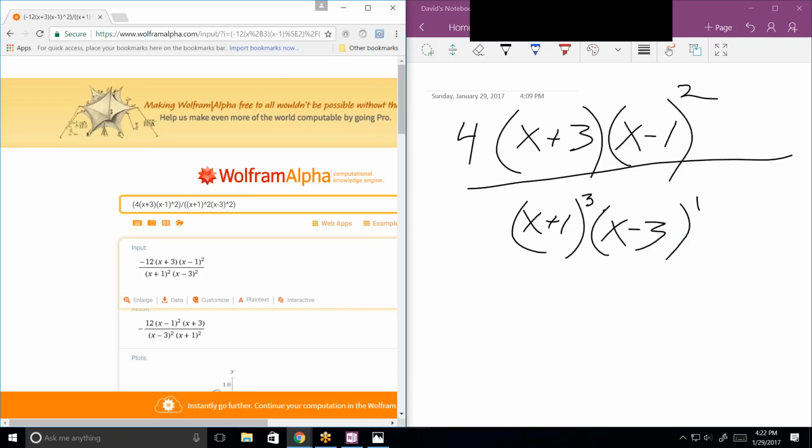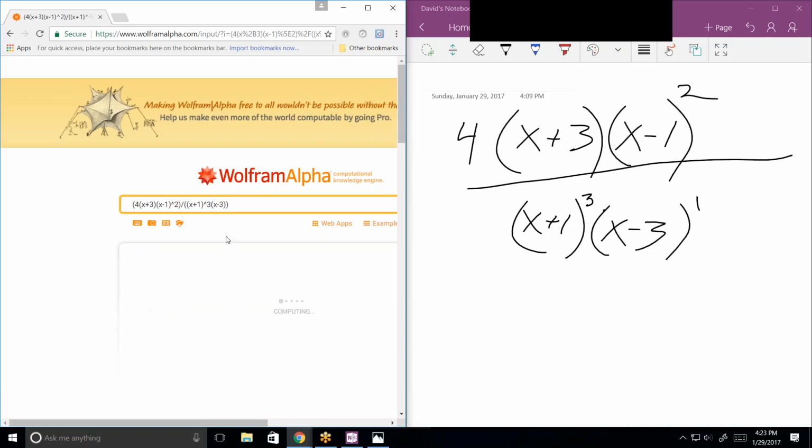And I want to change the denominator to the x plus 1 being cubed. And then this one to the 1 power, or I don't even need that, I guess. Okay, let's see what we got now.